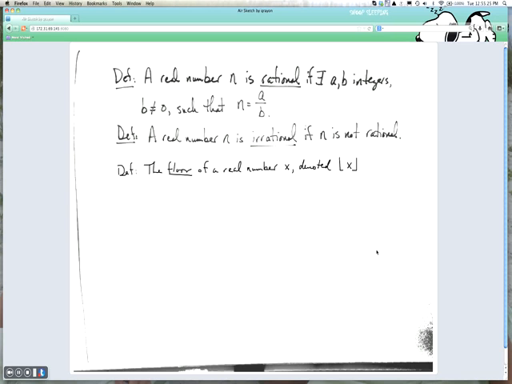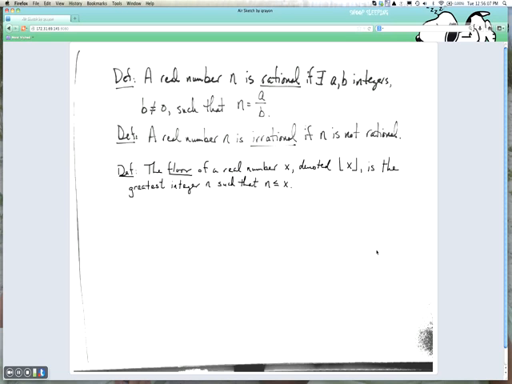Okay, this is the greatest integer n such that n is less than or equal to x.